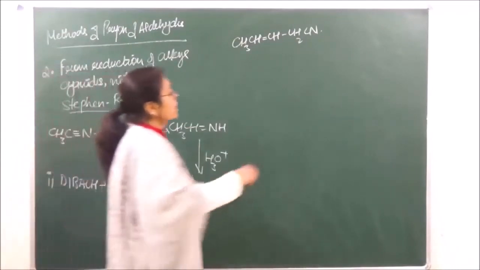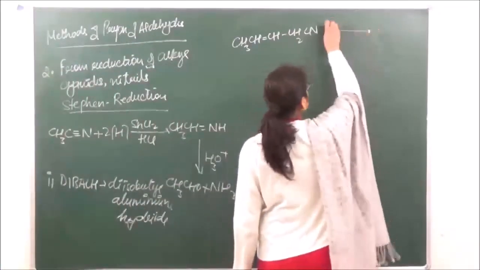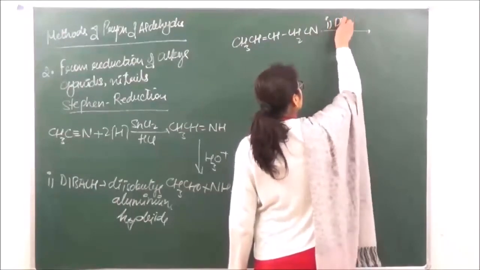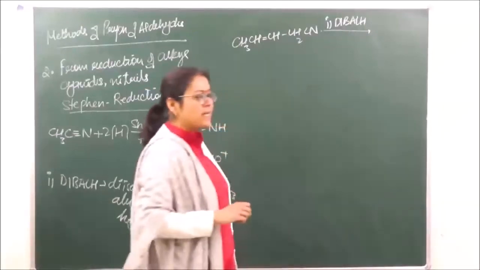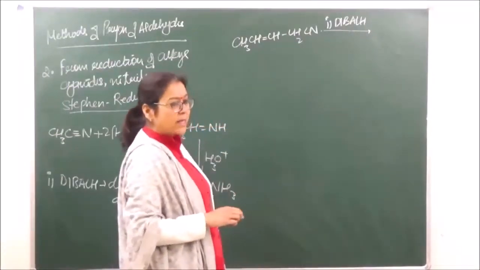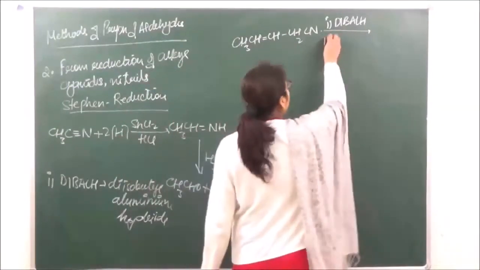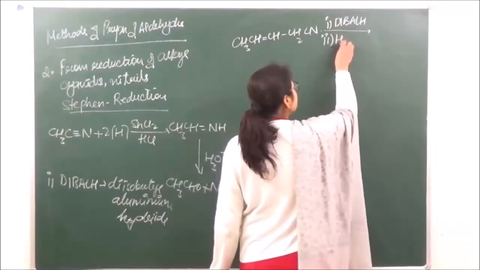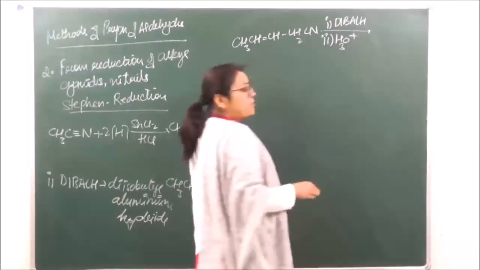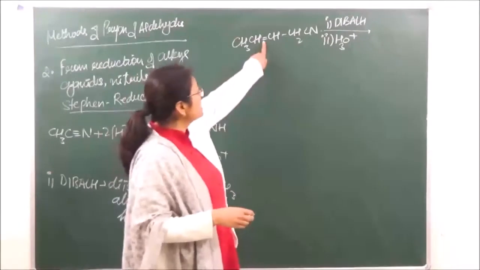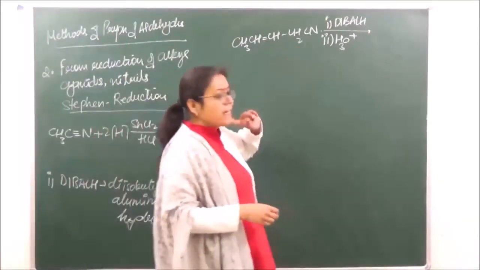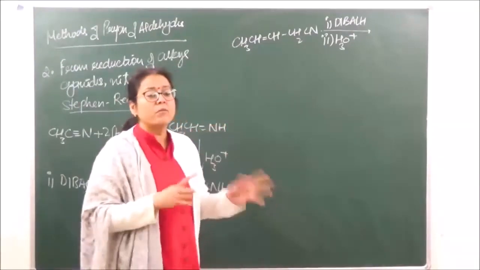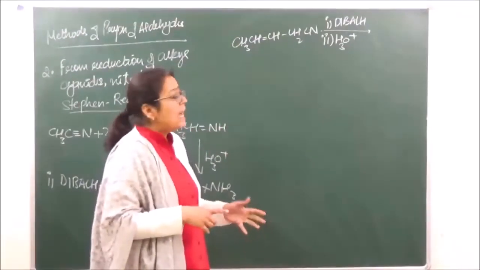Over here, in the first step, we are using the reducing agent DIBAL-H, and second, we hydrolyze the reaction in the presence of an acid. It is seen that this double bond is not going to be affected. Only the nitrile group is going to be converted into the aldehyde group.